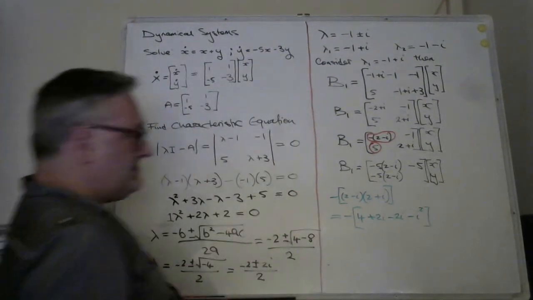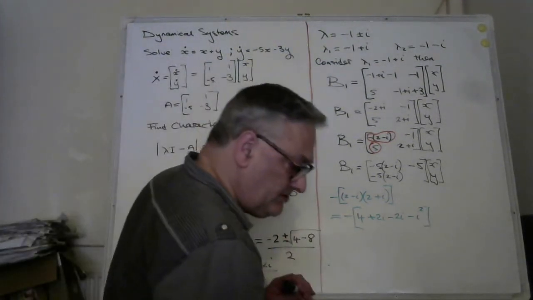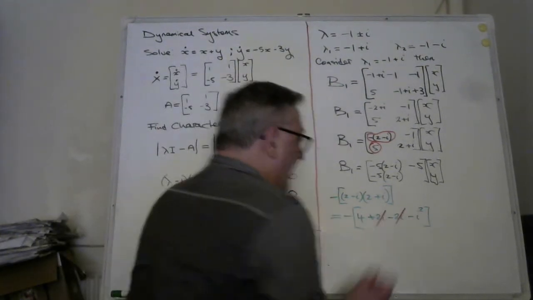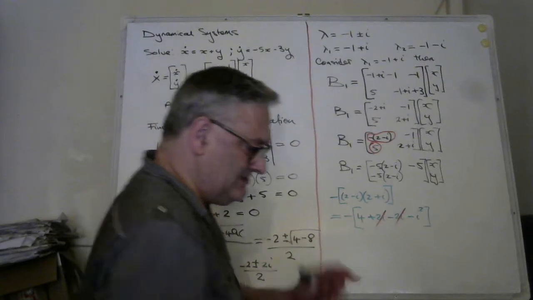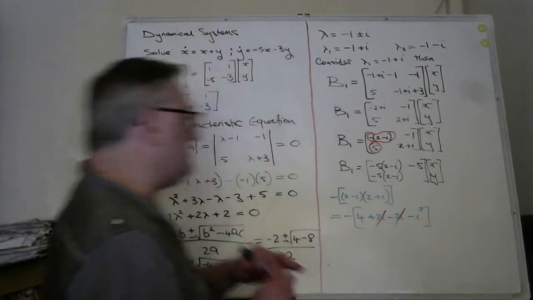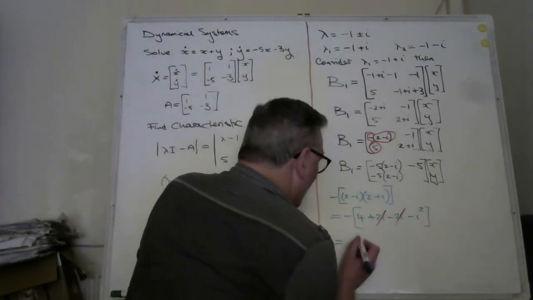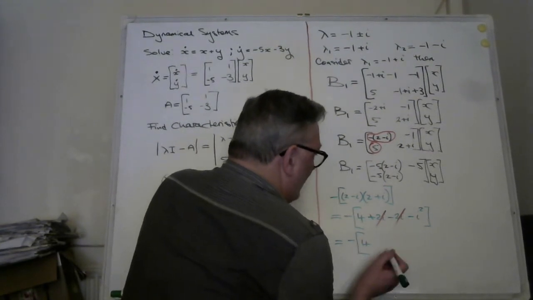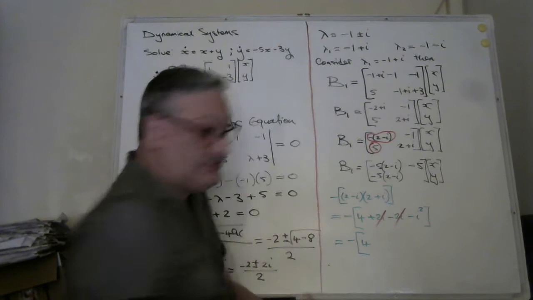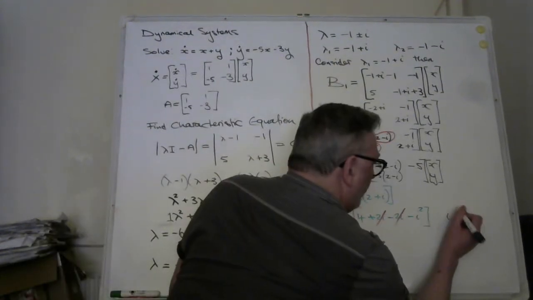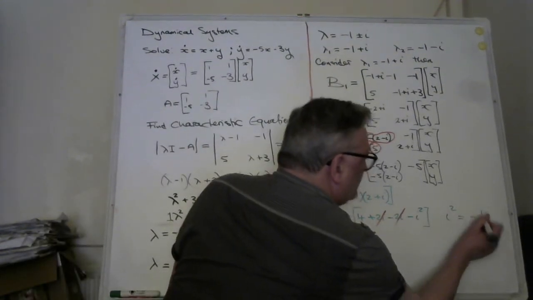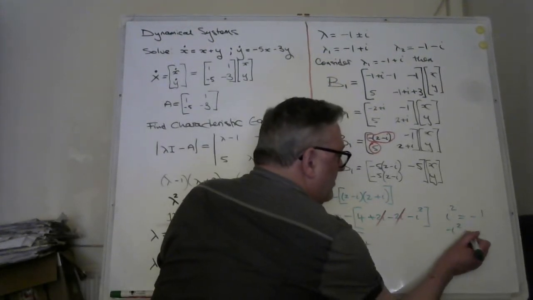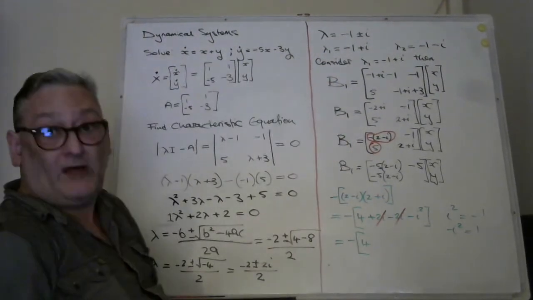So what's that? Well, you should be able to notice straight away that that cancels with that. And what is minus i squared? Well, you should be aware that i squared is equal to minus 1. So minus i squared equals 1, right?